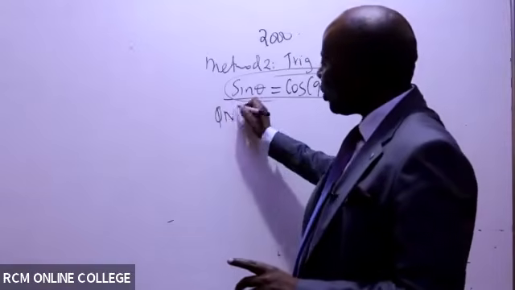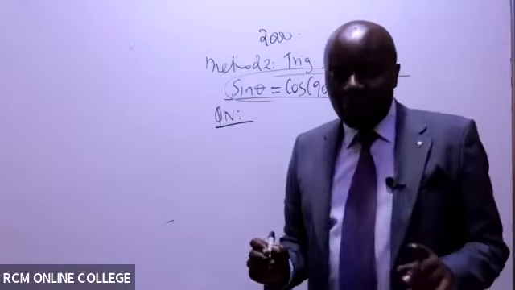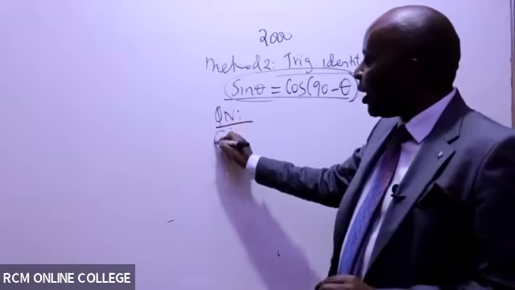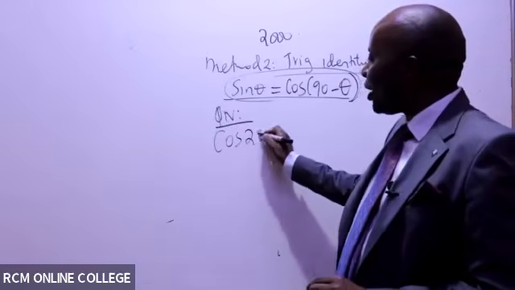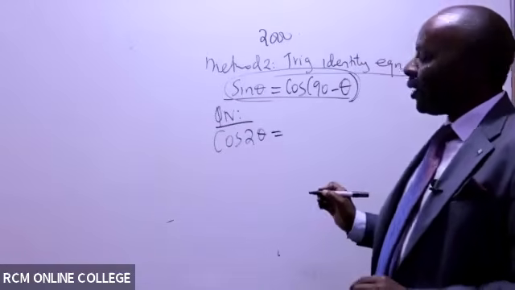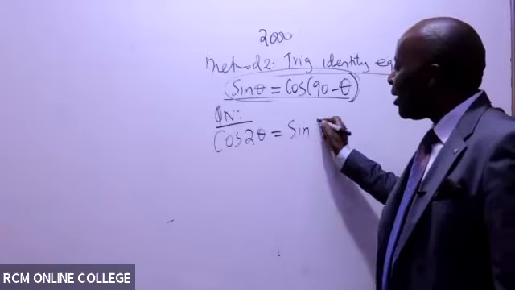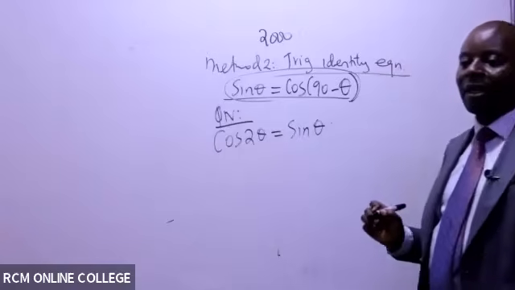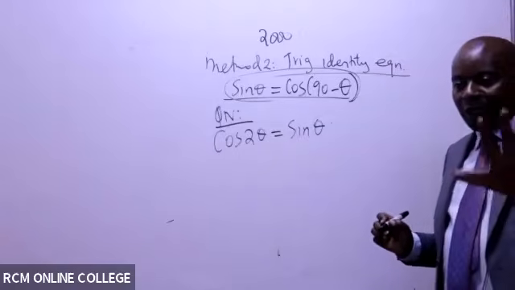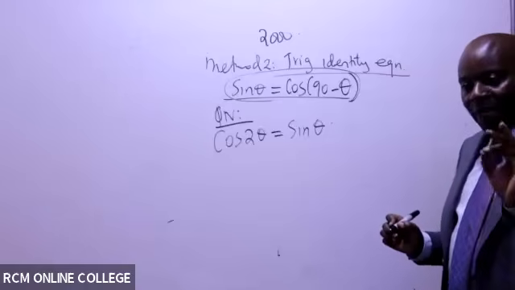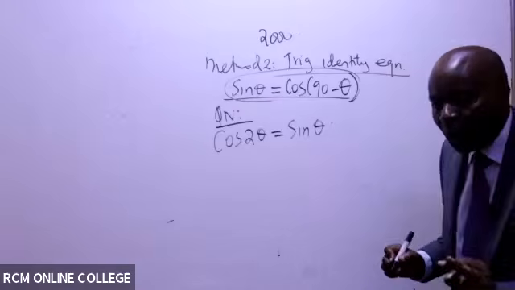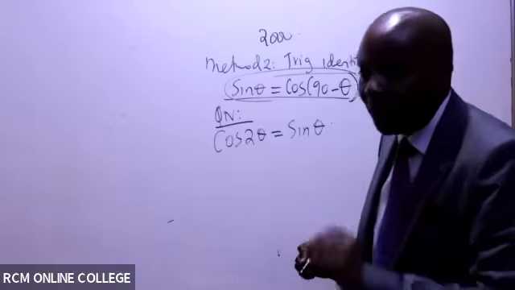The question itself, they have told us it is cosine 2 theta equals sine theta. From the question, cosine 2 theta equals sine theta.